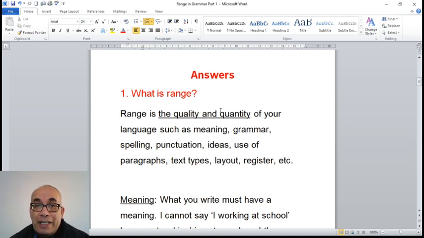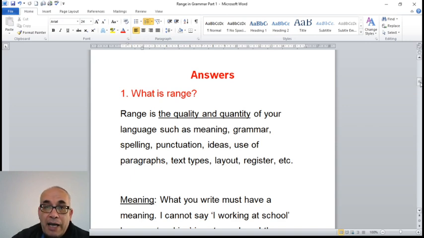Range is the quality and quantity of your language, such as meaning, grammar, spelling, punctuation, ideas, use of paragraphs, text types, layout, register, etc. But I'm going to cover these ones only, and these are the ones you need from entry 1 up to level 2, the highest level.